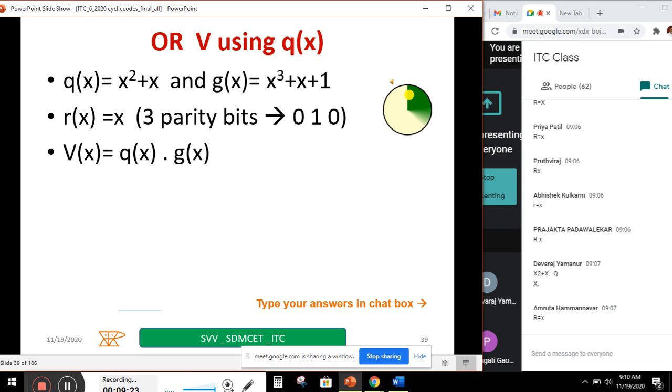Multiply q of x and g of x, x square plus x into x cube plus x plus 1, and simply write down the polynomial.